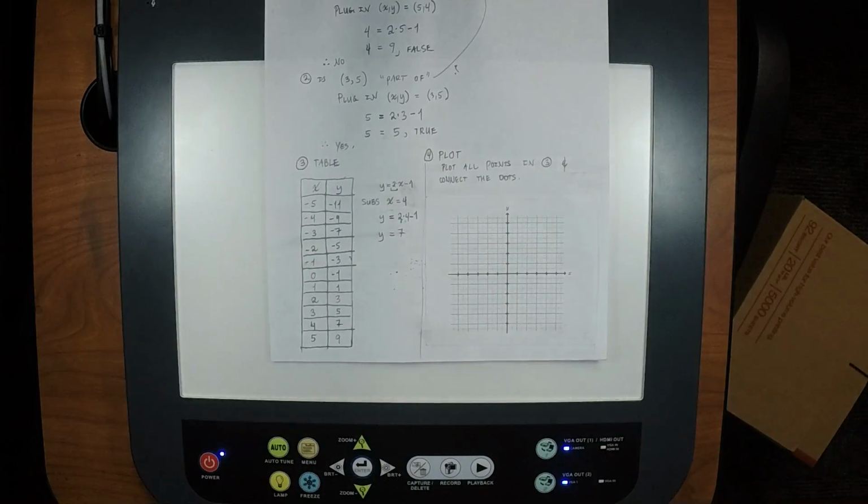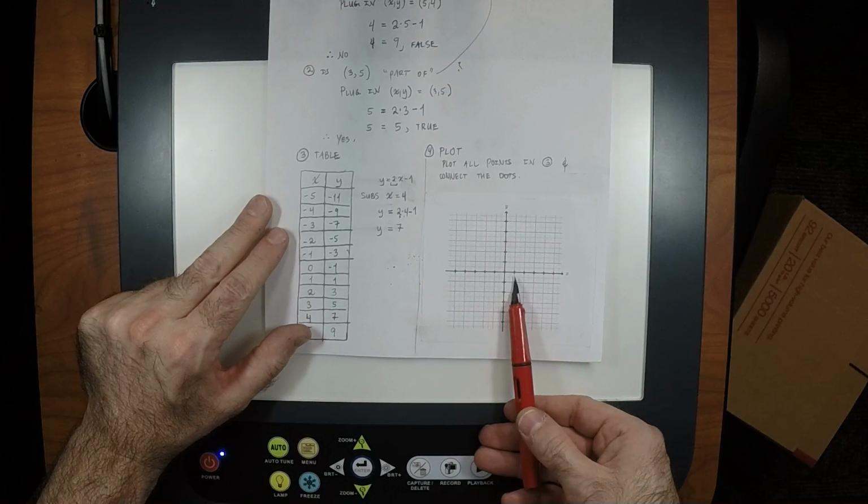Now, if you look at it carefully, I put those tick marks right there, like that.